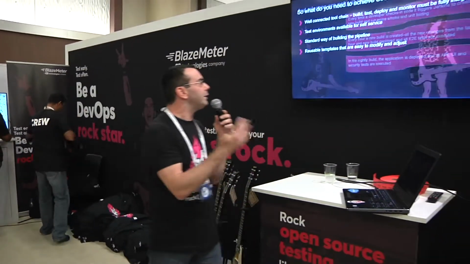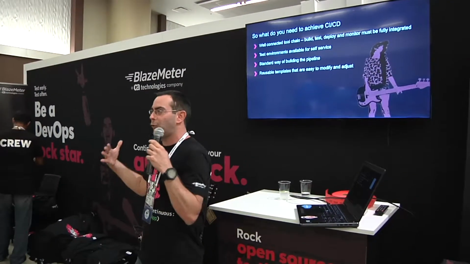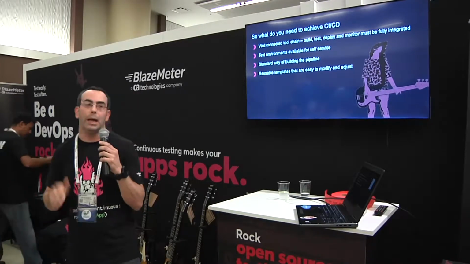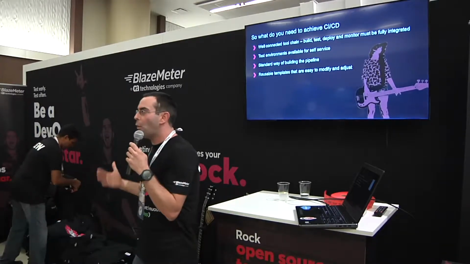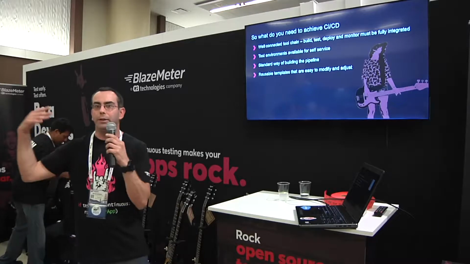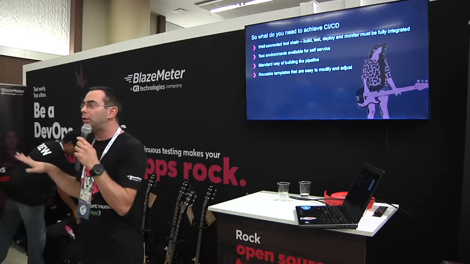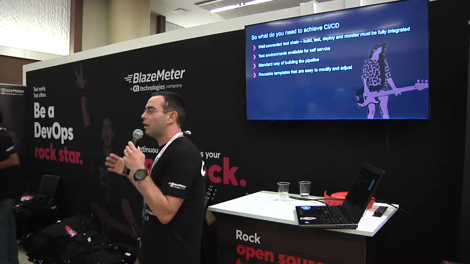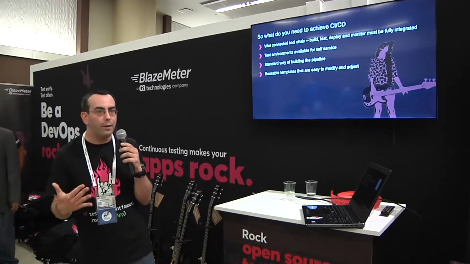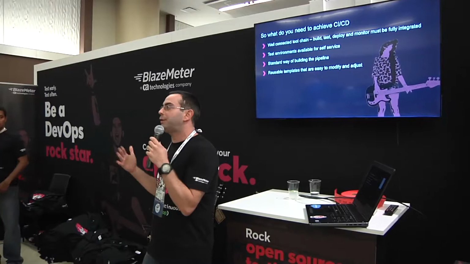So what does it really take in order to achieve that fully automated CI/CD pipeline? First, you need to have well-connected tool chains. All the products you're using to develop, deploy, test, and monitor need to work together in a seamless and automated way. You also need a simple way to provision your testing environments.